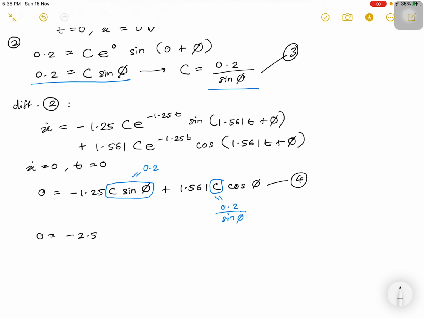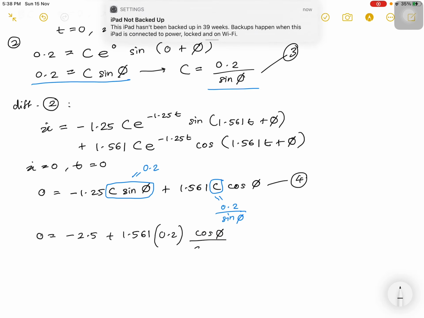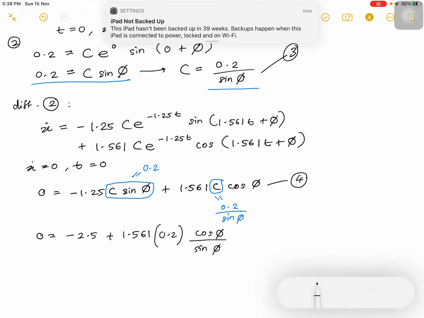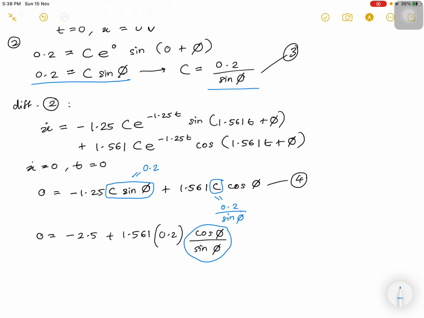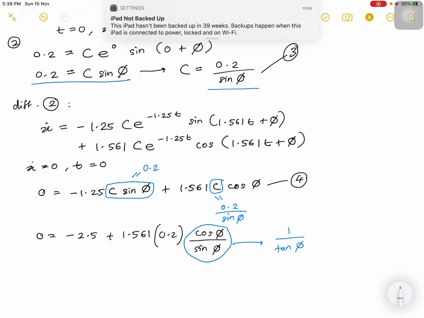So we have negative 2.5 plus 1.561 times 0.2, so we have cos over sine psi. So this one is equal to 1 over tan psi. So now we can rearrange so that we can find the answer for psi.